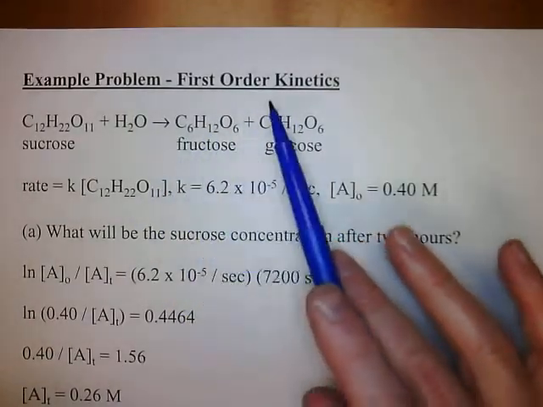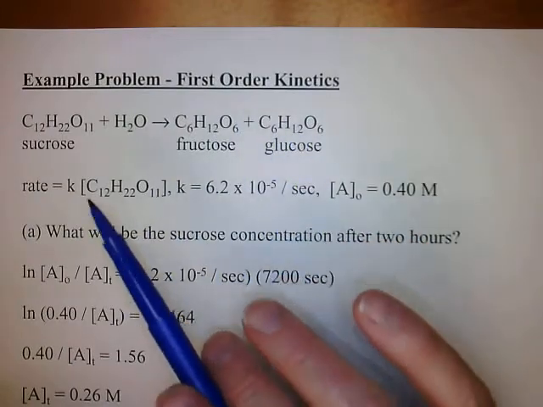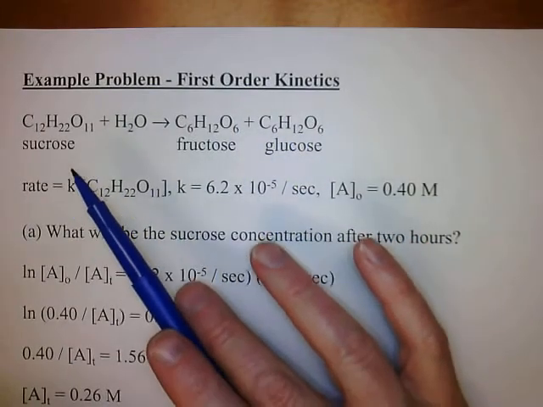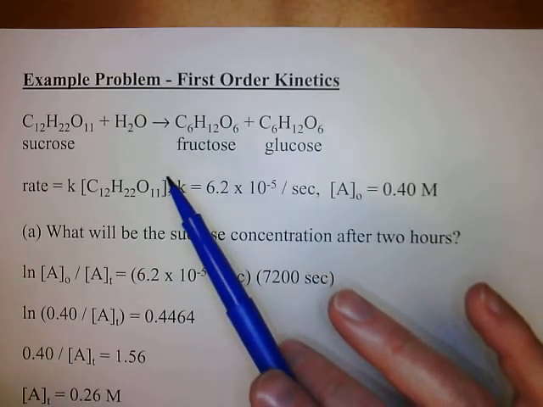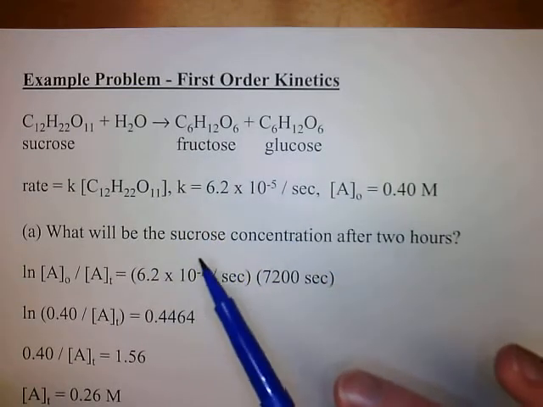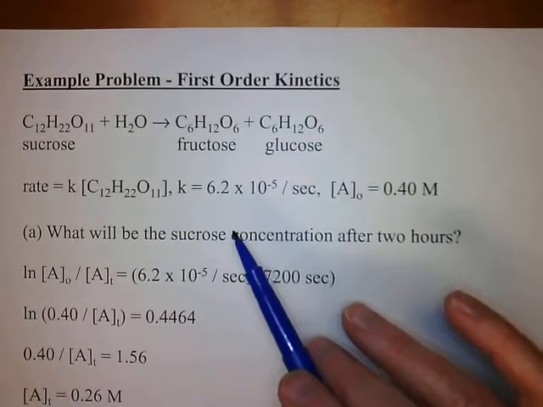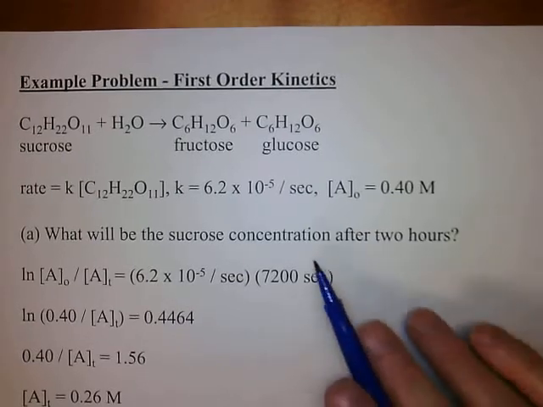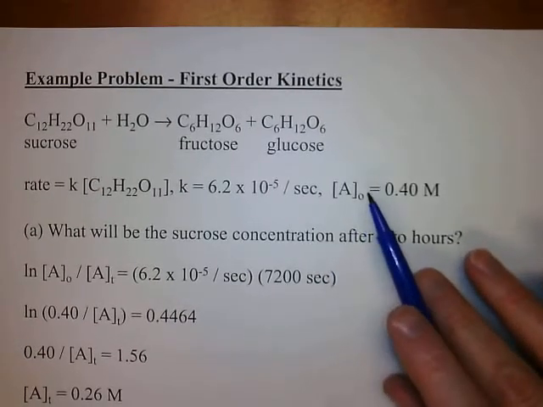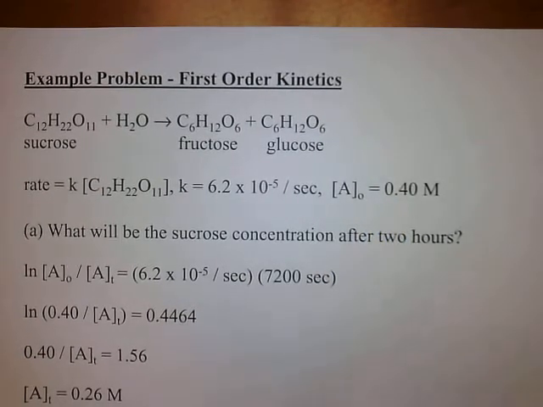It's a first order reaction, and the rate is proportional to the concentration of sucrose to the first power. You don't see a 1 there, but the 1 is implied. And k is 6.2 times 10 to the minus 5 per second. And let's say the initial concentration is 0.4 molar.